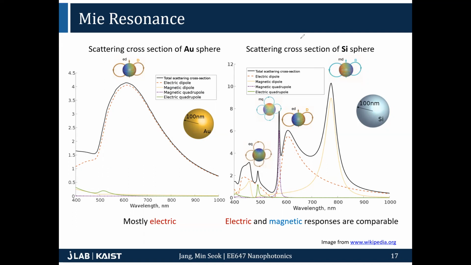But in order to see a significant difference, you have to dope the silicon a lot, right? Because you probably remember, what's important is the plasma frequency, and the plasma frequency has a square root of n dependence on the doping concentration.